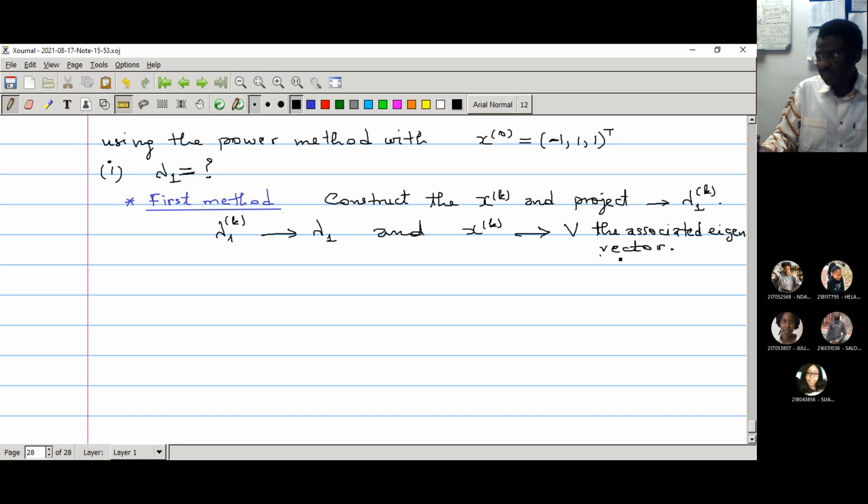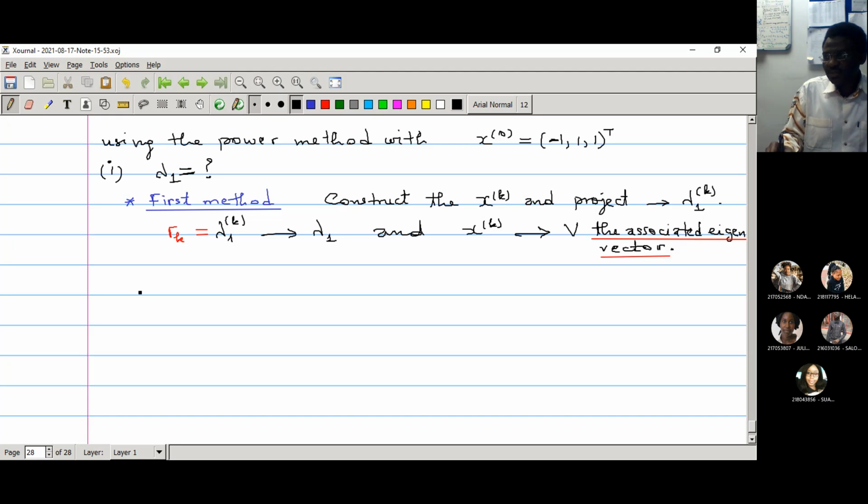The lambda 1 k will converge, or the rk, this is what we call rk. Okay, good.